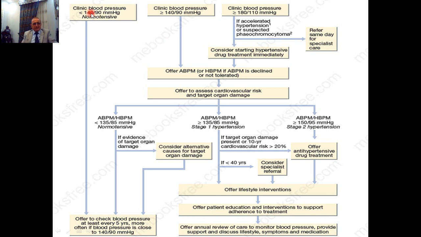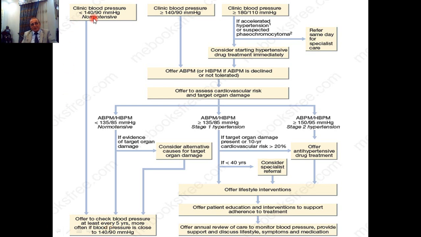If you check the blood pressure and it is less than 140 over 90, then interestingly, check blood pressure every 5 years, you tell the patient that you are not hypertensive. Imagine the patient came with a headache and his blood pressure is normal. You will tell him come after 5 years. He will check his blood pressure again after 5 minutes.